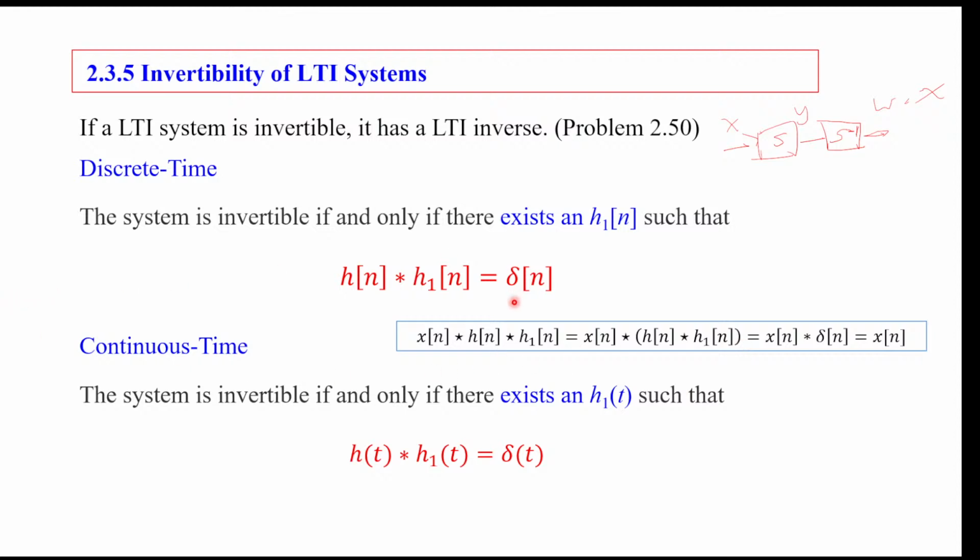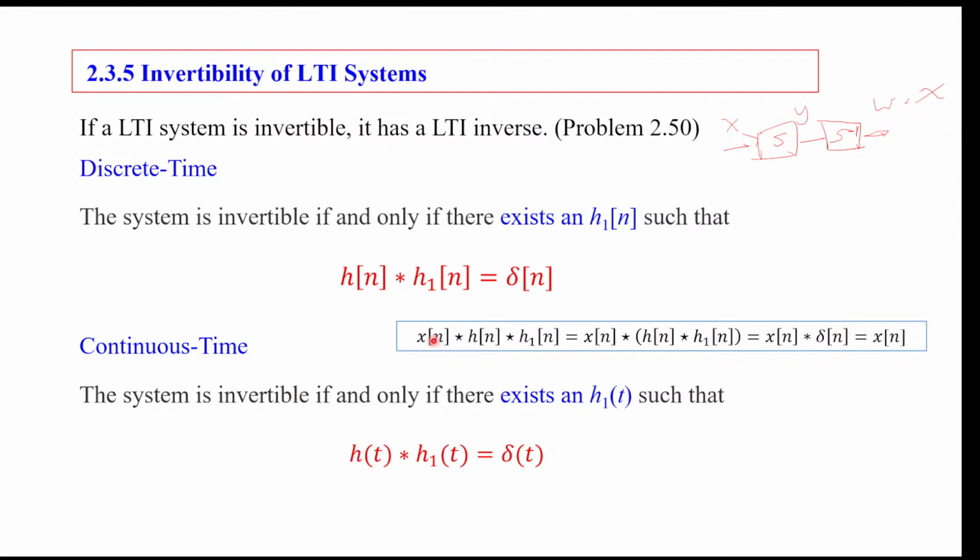And so I guess this is showing the if direction. If this is true, then we have found the LTI inverse. The input signal x goes through the system with h, then through the system with h1, and goes back to the original signal.